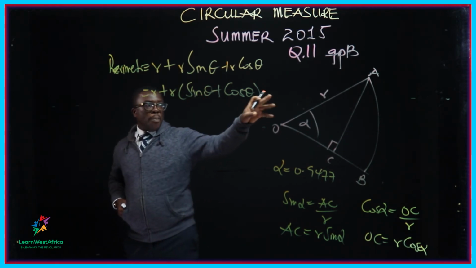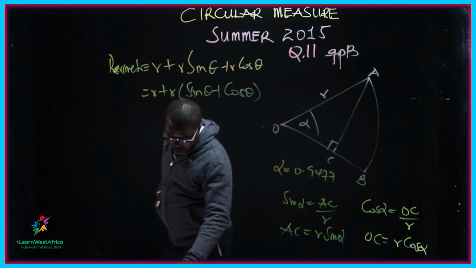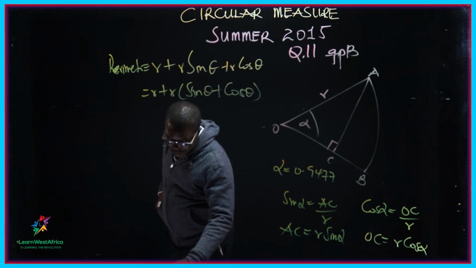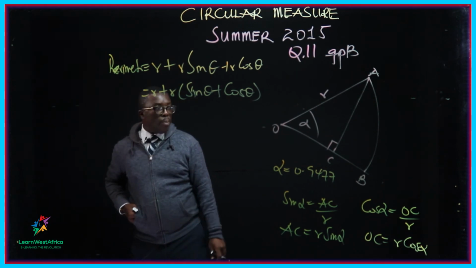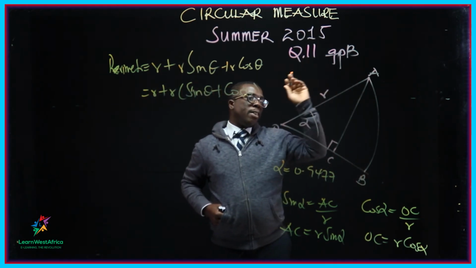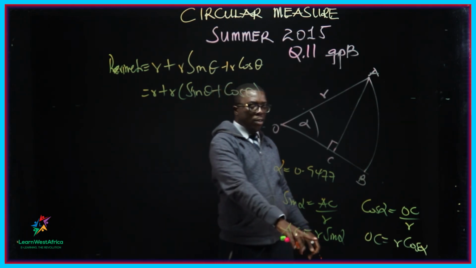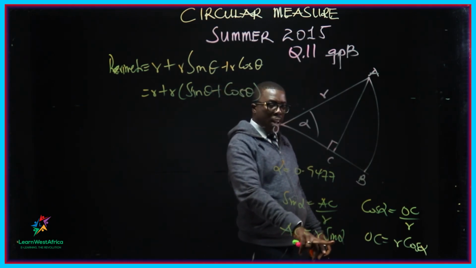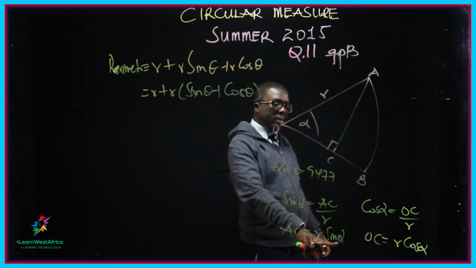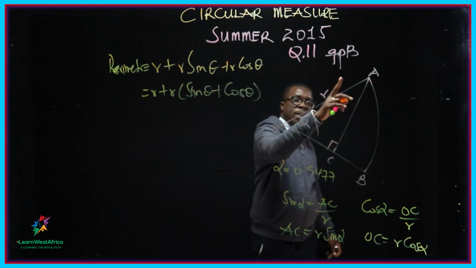Now let's look at the perimeter of ACB, because that's what the question wants us to find. What is the perimeter of ACB? We know AC to be R sine theta. Now we are left with AB.